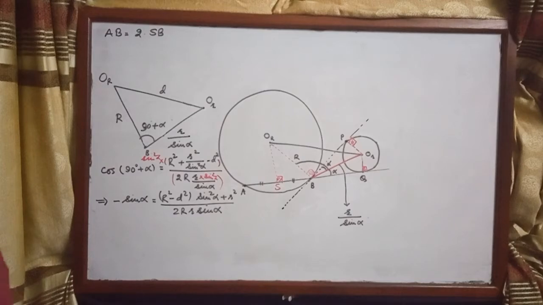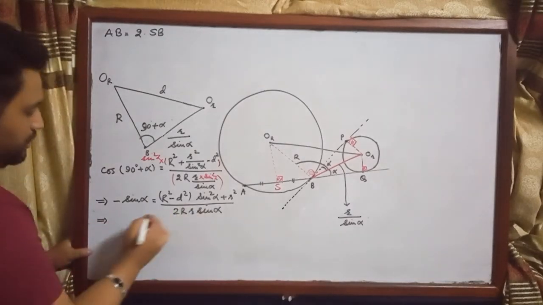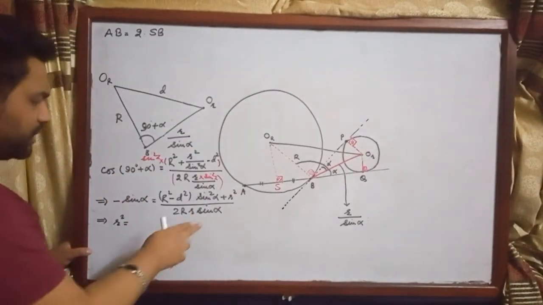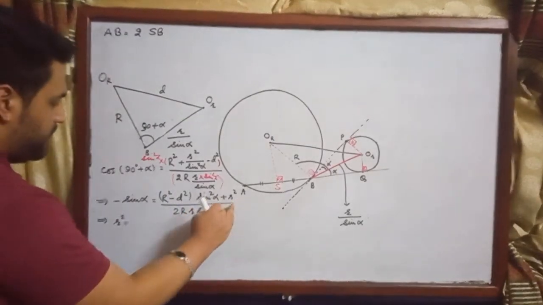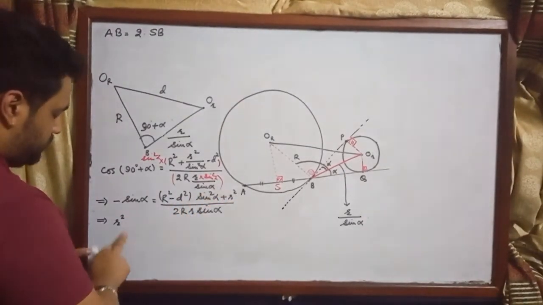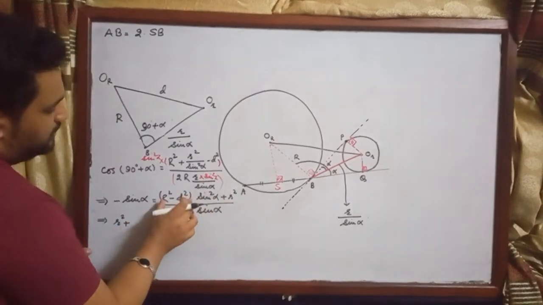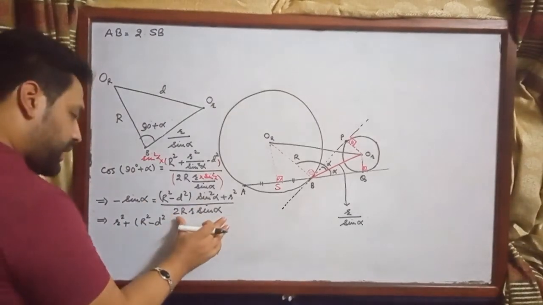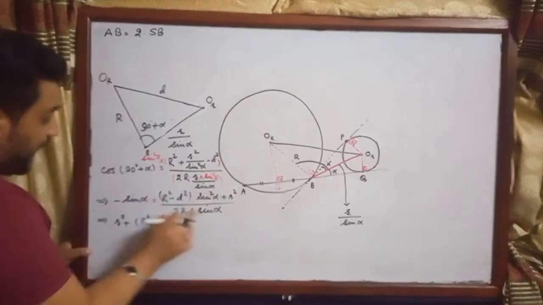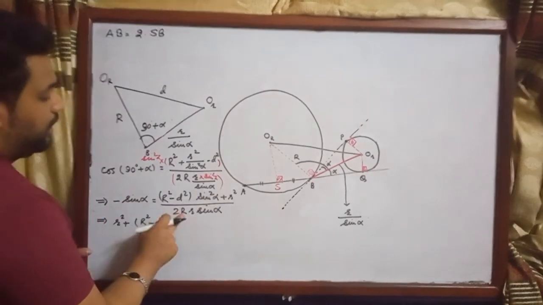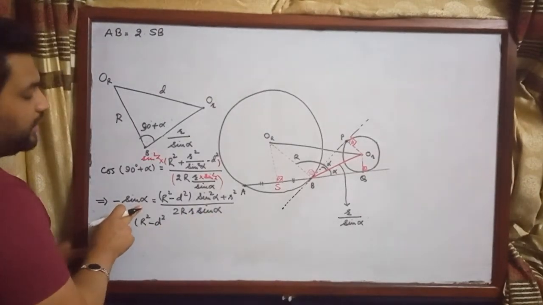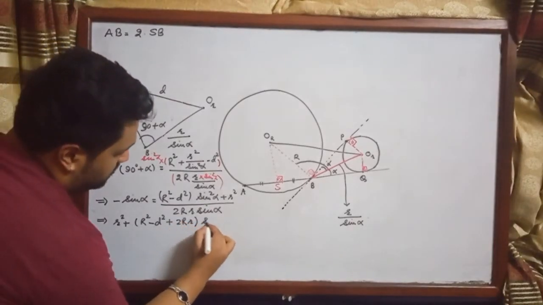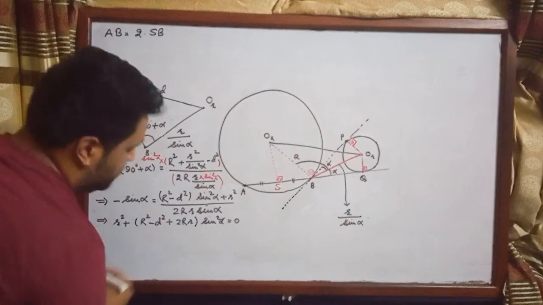Now on cross multiplication, we're going to get R squared will be equal to R squared plus R squared minus D squared sine square alpha, and this will give minus twice r sine squared alpha, and taking this to this side, we're going to get plus twice r sine squared alpha is equal to 0.